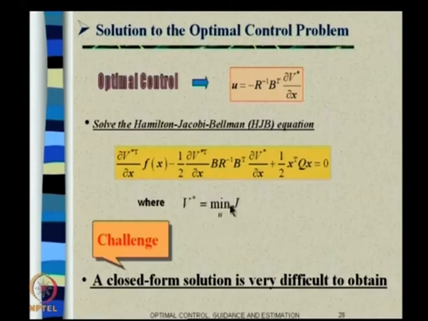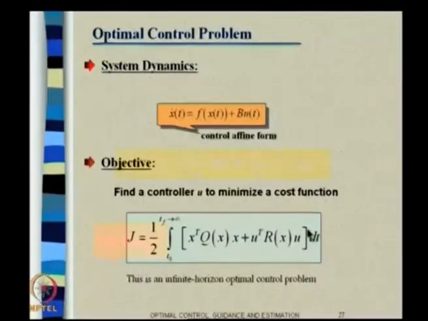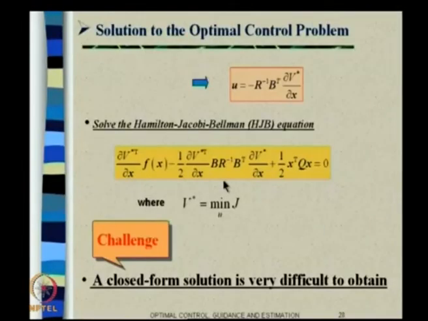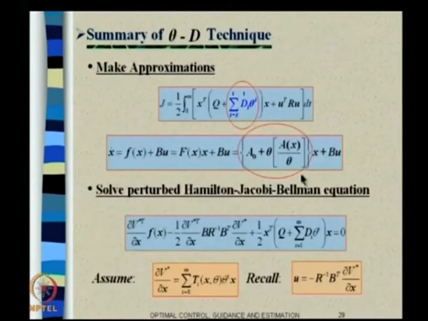That means if you walk along the minimum control that minimizes this cost, then that is the V star that will result actually. Okay. So solving this equation in a closed form is a challenge. It is in general not feasible. So people want to see what alternative things can be done actually.